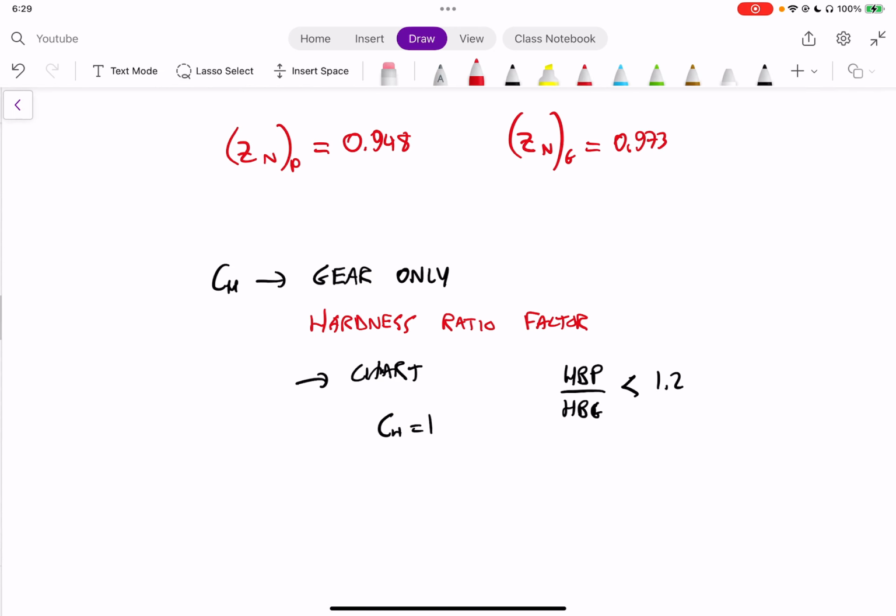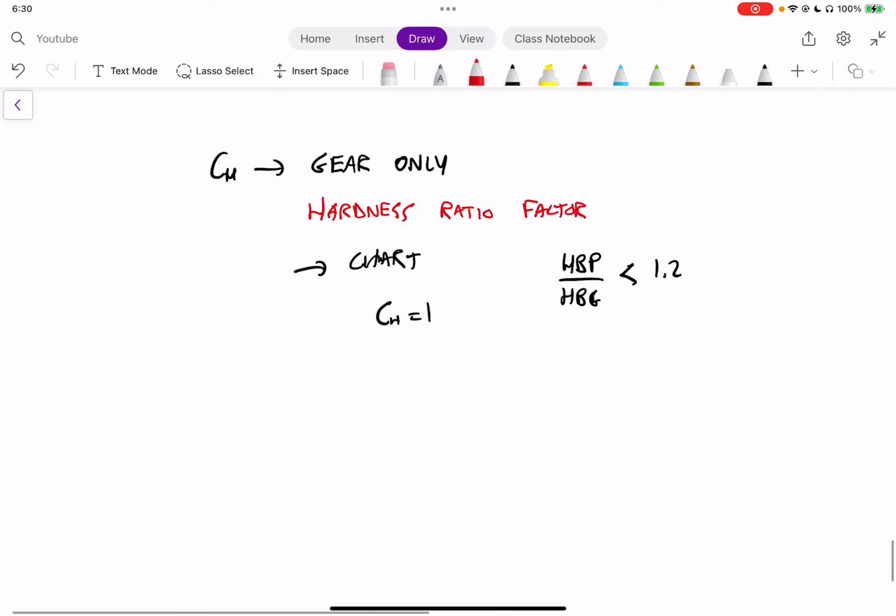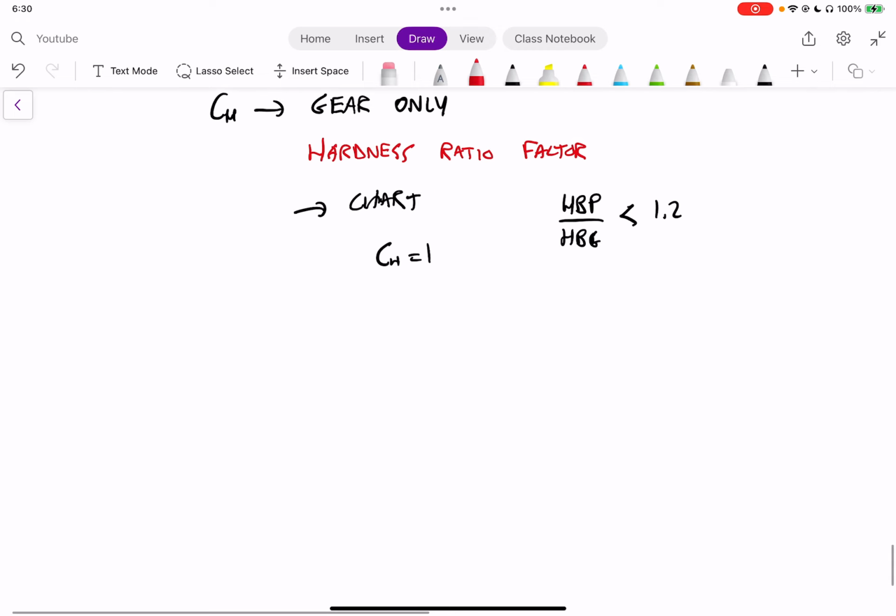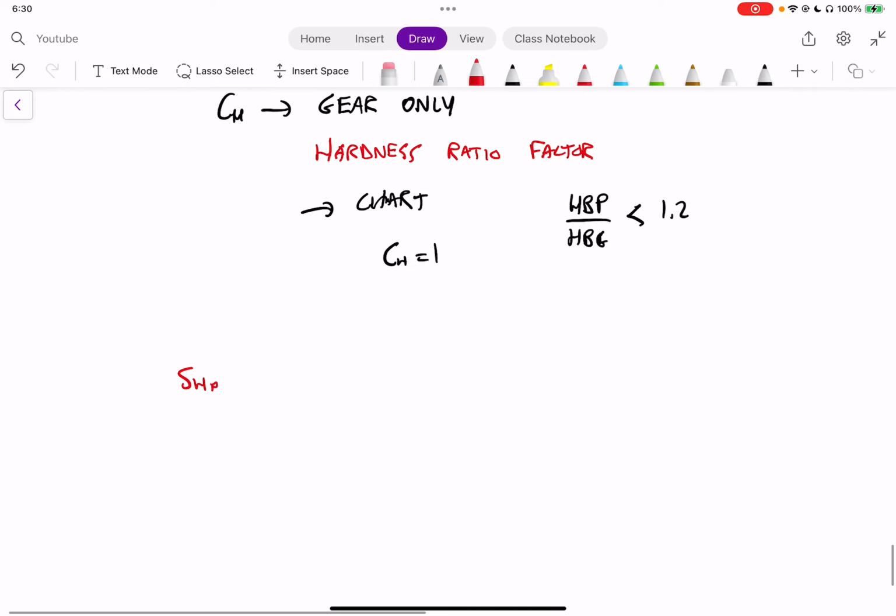Okay, so going back to here, we can solve for SHP and SHG for the pinion and gear.